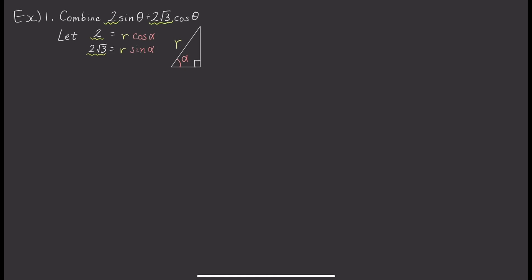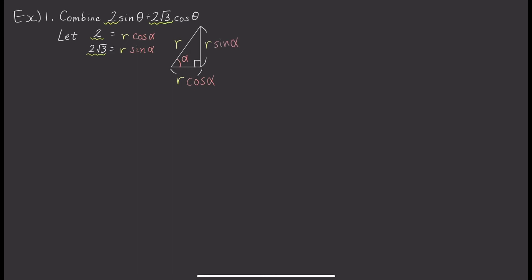Now consider the right triangle with the hypotenuse of r and an acute angle of alpha. Now we see that the length of this side is equal to r cosine alpha, and the length of this side is equal to r sine alpha.